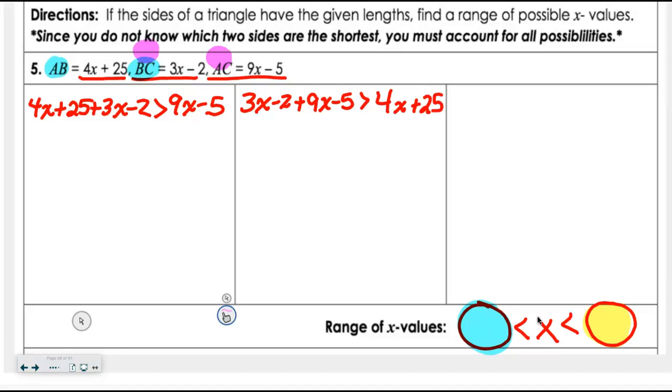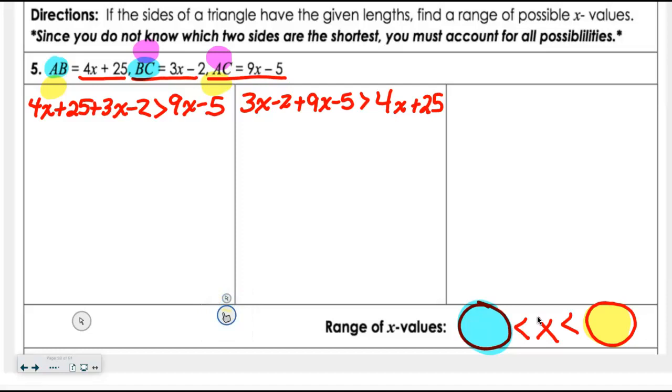All right, so first thing you're going to do is set up 3 situations depending on which 2 are the shortest. So last of all, I'm going to assume that the yellows right here, the first and the last, are the shortest, and I'm going to set up my third equation.